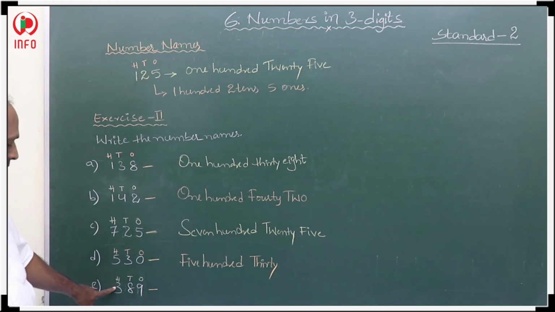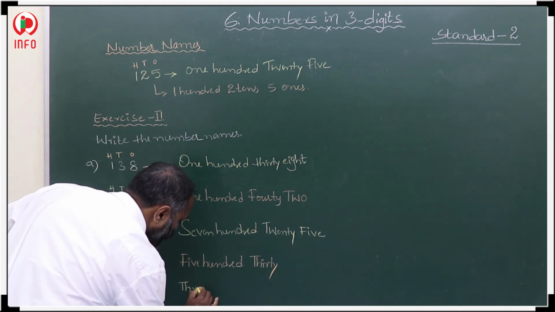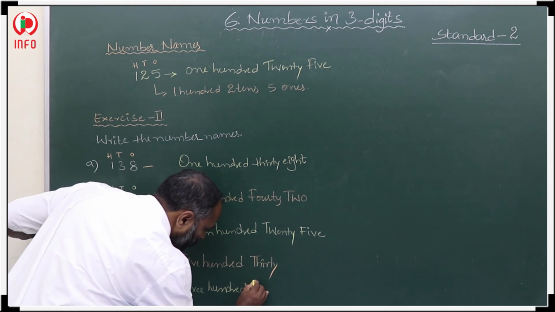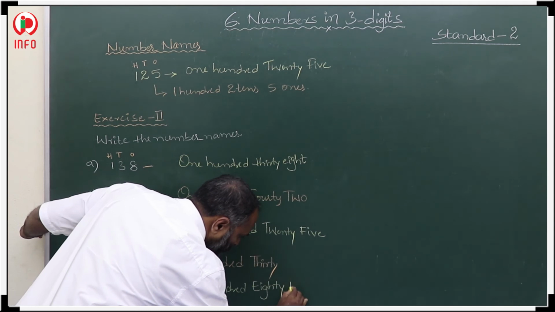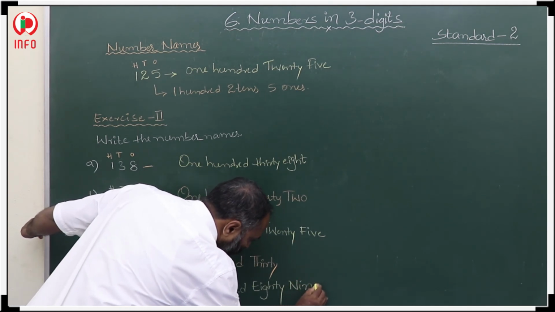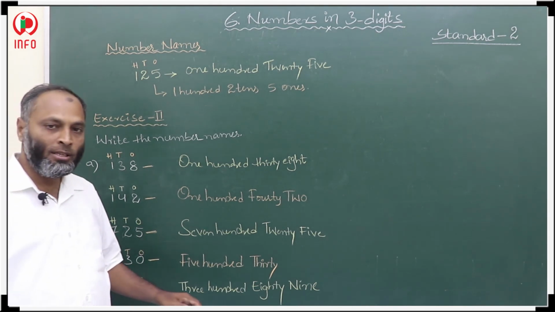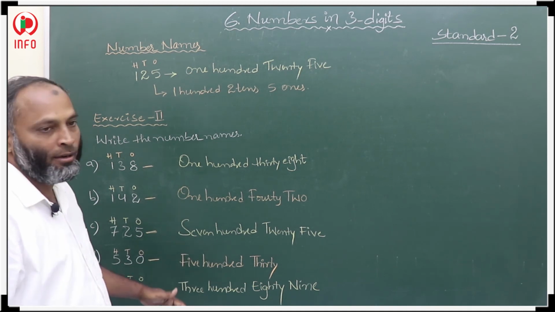In hundreds place 3 is there. It means 300. 8, 9, 89. 389.